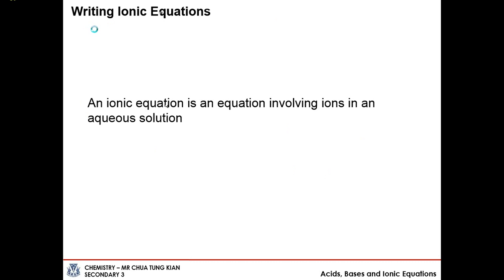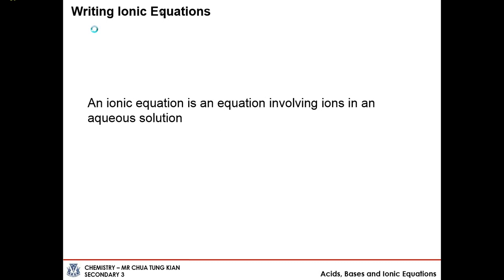Okay, so this is the last part of this topic, on writing of ionic equations. We have covered all the equations of all the acids with all the different substances, of the bases with all the different substances, and now it has led us to this area on writing of ionic equations. It is very, very important that before we begin this section, you know every single reaction that acids can undergo and every single reaction that bases can undergo.